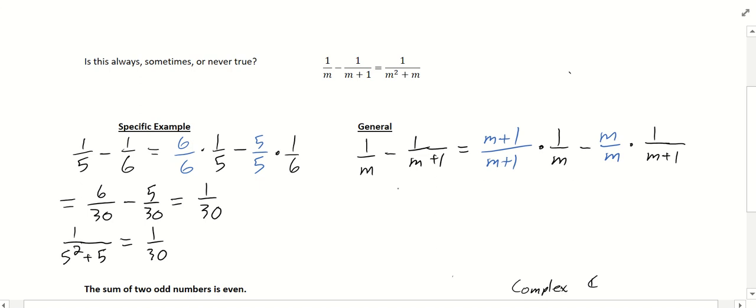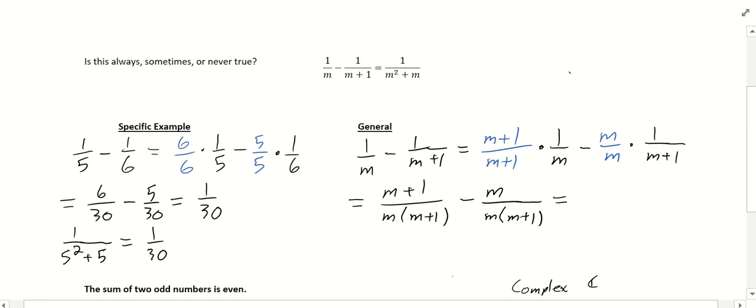Let's simplify that. The first fraction becomes m plus 1 over m times m plus 1. The second fraction is m over the same thing.